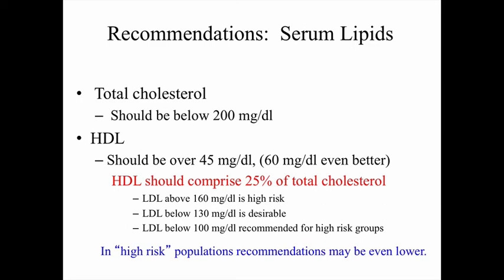It has more protein, less triglyceride, less cholesterol, so it's very dense. We want that number to be up, ideally above 45 milligrams per deciliter. Ideally, even above 60 would be better. It should comprise 25% of the total cholesterol.